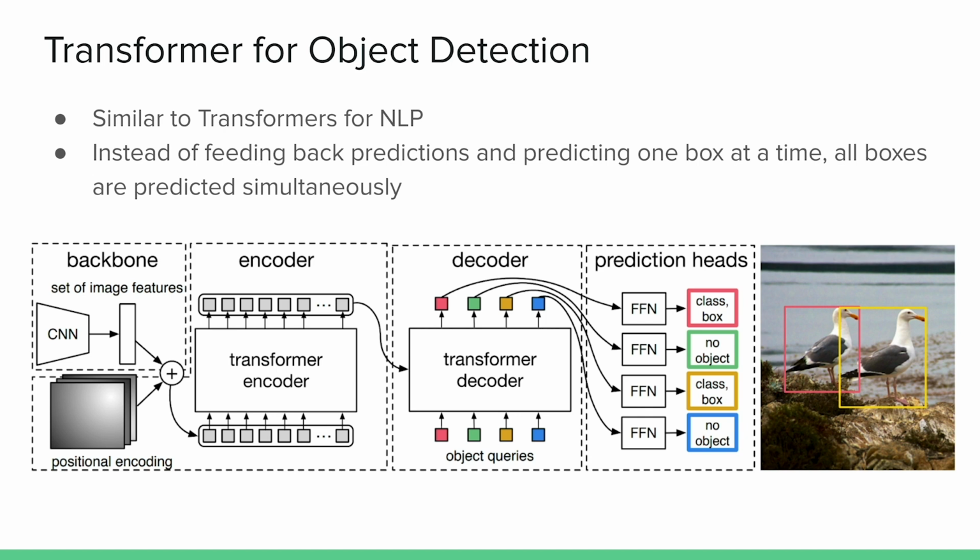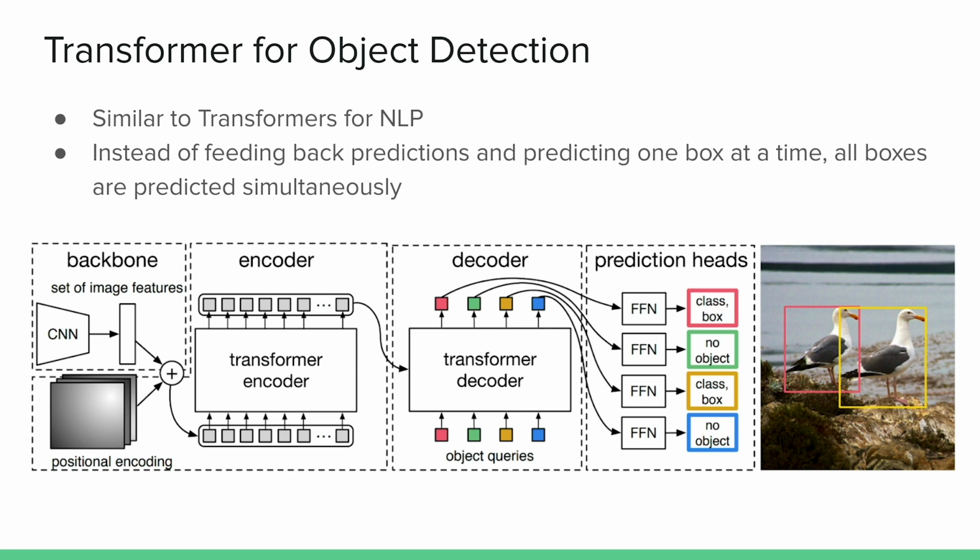So it's very similar to the transformer we've seen before for natural language processing, but instead of feeding back predictions and predicted boxes one box at a time, as we were doing with sequence models, all boxes are predicted simultaneously. And how do they do this?